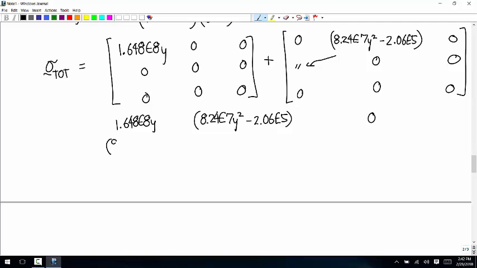And then symmetry says this is the same thing again, 8.24 times 10 to the 7th y squared minus 2.06 times 10 to the 5th, and then zeros everywhere else.